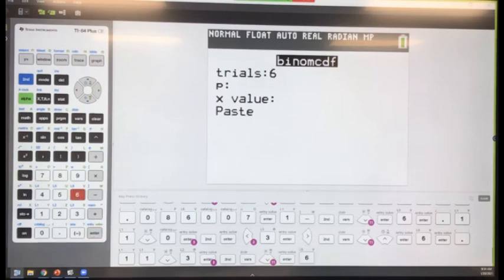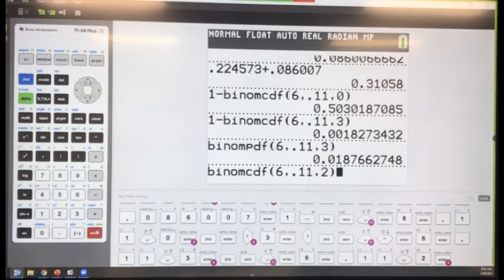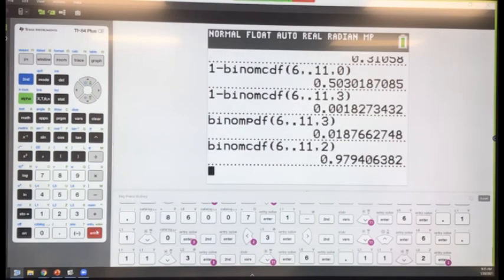Trials is 6. Probability of 0.11. And at most 2. I want to put 2. Did you get 97.9% chance? At most 2?